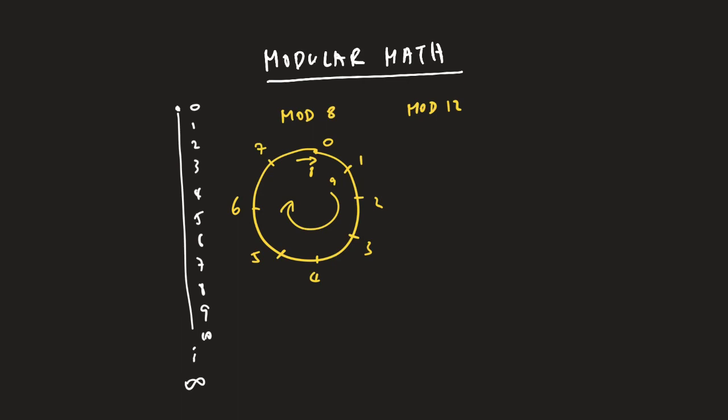So if we just take a few examples, let's say what is 12 mod 8? That's basically 12 divided by 8, and you take the remainder, which is 4. What is 24 mod 8? So 8 actually goes squarely into 24 3 times, so the answer is 0.